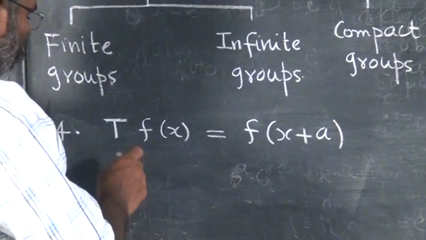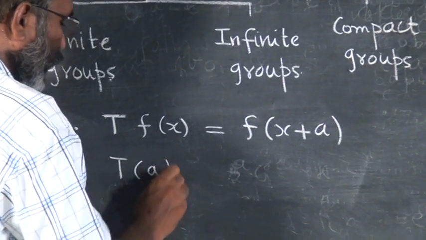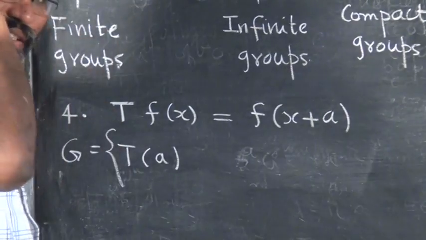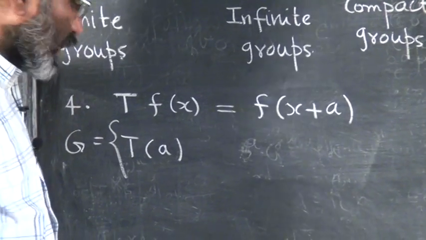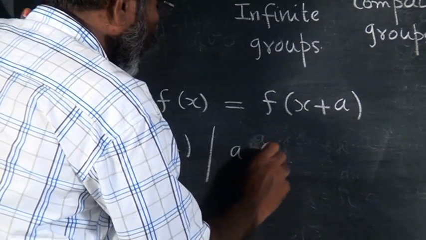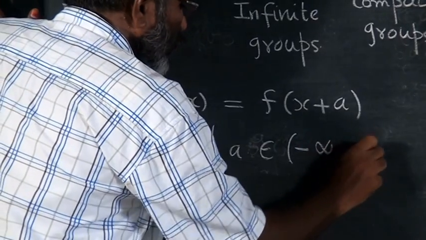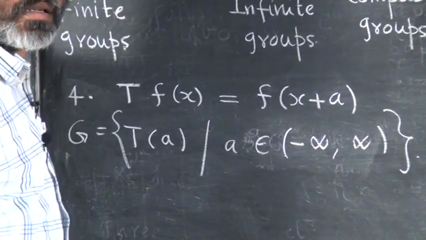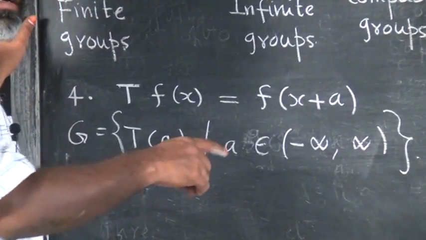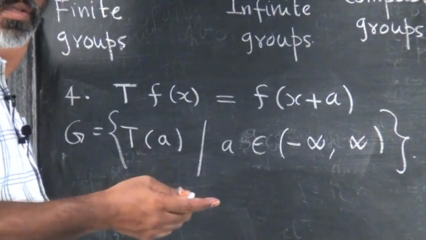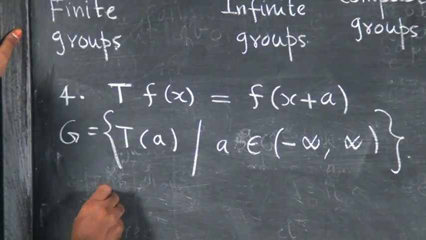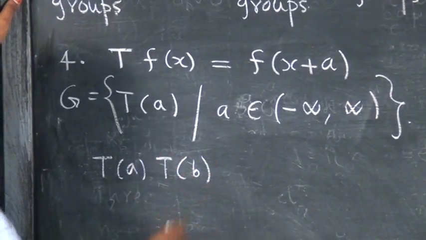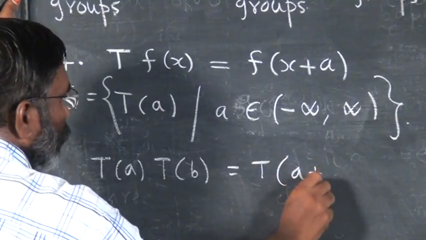Now T depends on a. Now I can define the group as the set of all such translations such that a belongs to minus infinity to infinity. What is the meaning of group operation? T of a and T of b is actually T of a plus b.